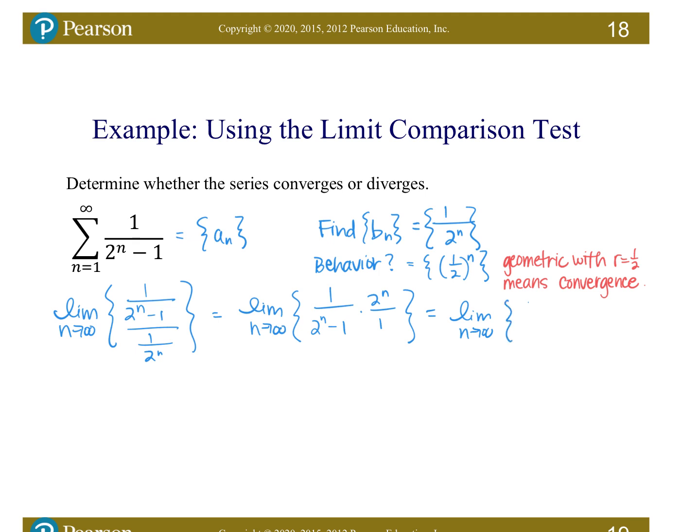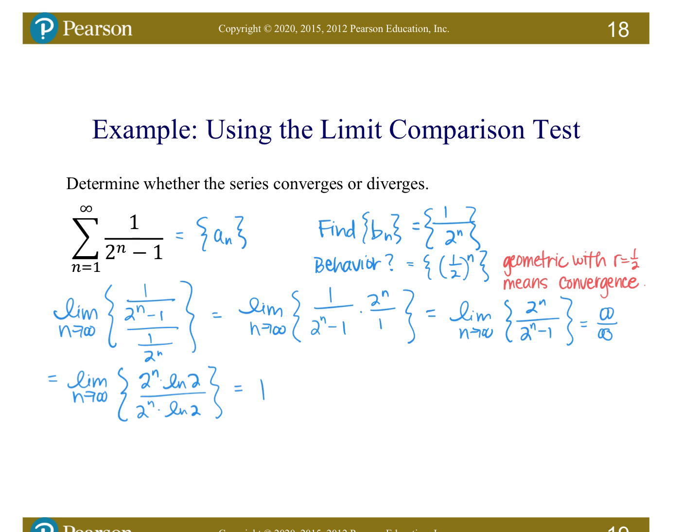So that will give me 2 to the n over 2 to the n minus 1. And when I plug infinity in, I will get the indeterminate form infinity over infinity. So we'll apply L'Hopital once more, which will give me 2 to the n times the natural log of 2 over 2 to the n times the natural log of 2, which is 1, which again is not 0, and it's not infinity.